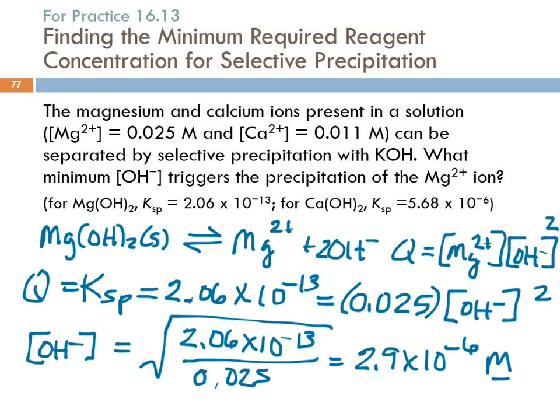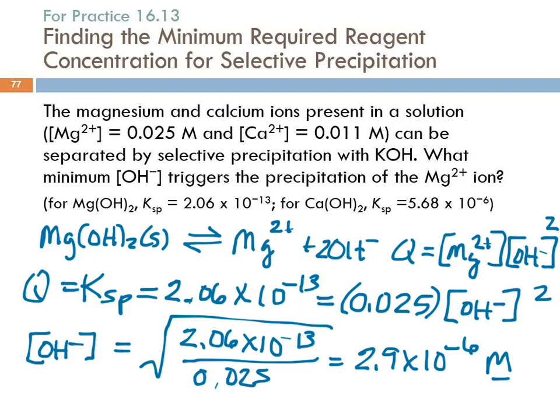We can actually do this without doing a whole bunch of math here. We just need to plug in this KSP. So it's the square root of 5.68 times 10 to the minus 6 divided by 0.011. Domain error. I did something wrong.